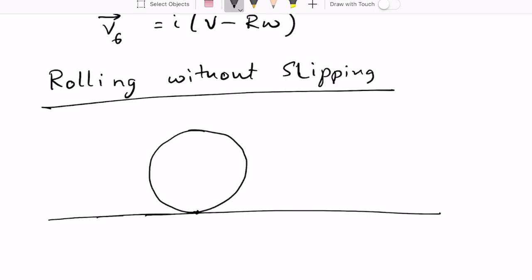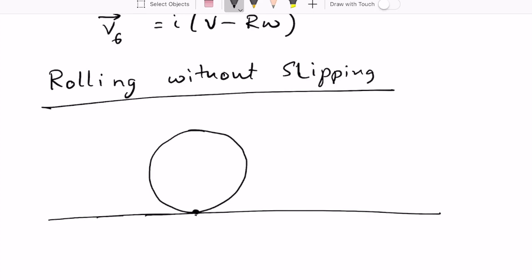One of them is sliding or slipping against the other. So rolling without slipping is when there is no kinetic friction and the point at the bottom, the point in contact with the ground, remains momentarily at rest. Okay, so what is the velocity?